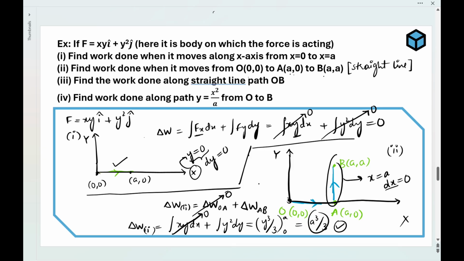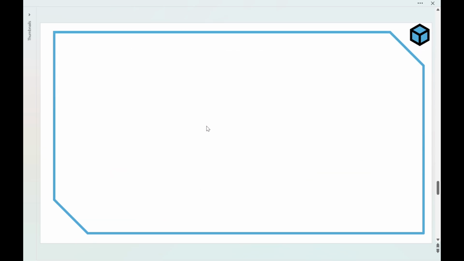So now in the third question, we have to find the work along the straight line path OB. So what we are going to do is draw a straight line over here, this one. Let me mark it with the red one. So in this path we have to find the work. Okay, so we will do it on the next page.